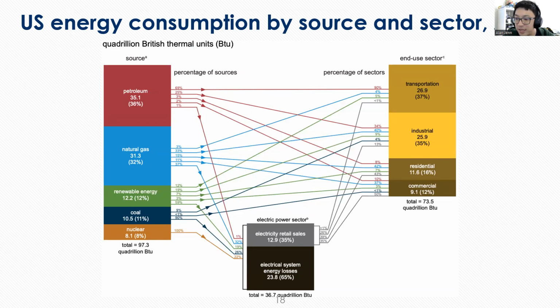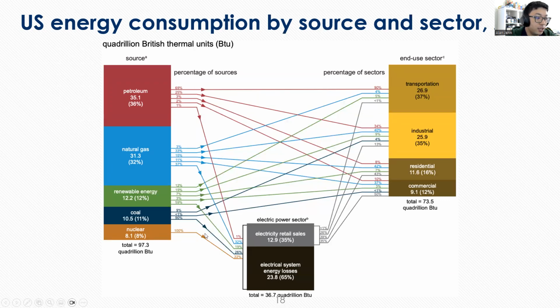Nevertheless, important to keep in mind the shares in the electric power sector. You can see what that looks like across our primary energy sources on the left-hand side, where those end up going.